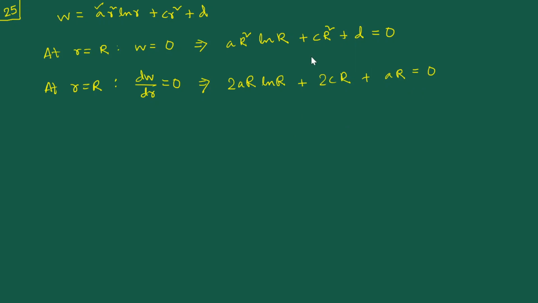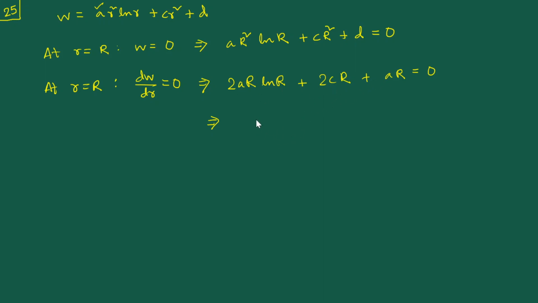Okay, so these are basically two linear simultaneous equations involving the unknowns C and D. Please note that A is already known to us, and this second equation that we have just obtained, that is simply this, involving this unknown C. A is already known here.